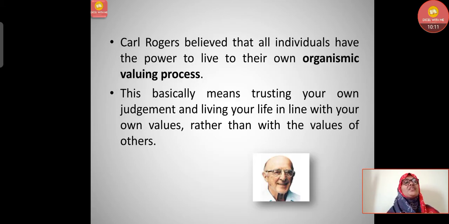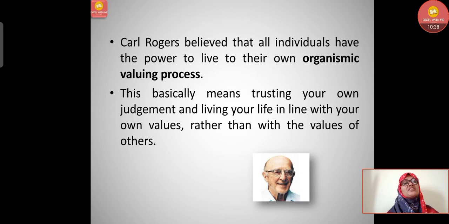Carl Rogers believed that all individuals have the power to live to their own organismic valuing process. That is natural. Organic means natural, not artificial or learned from somebody. So Carl Rogers believes that each individual has the power to live on their own conditions, not on others' conditions.